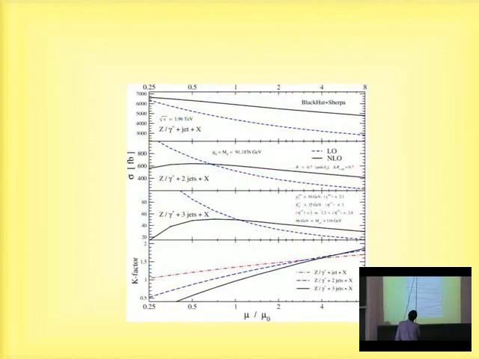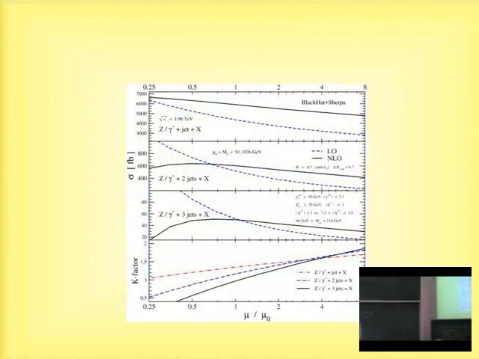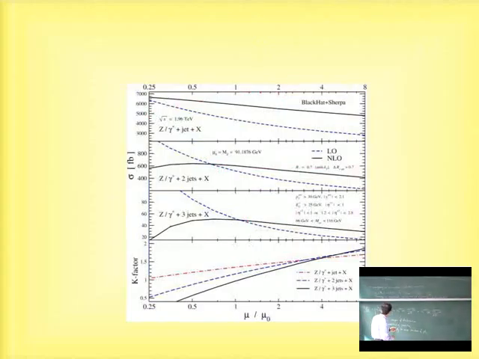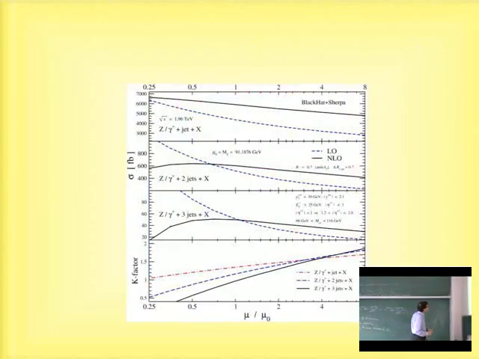So the variation you see in blue is what happens when you're looking at a leading order calculation. And the variation you see in black is what happens when you go to a next to leading order calculation. And the key point is that you still have, of course, the dependence on the scale inside the alpha s when you go to next to leading order, but the cross-section itself also depends on mu.